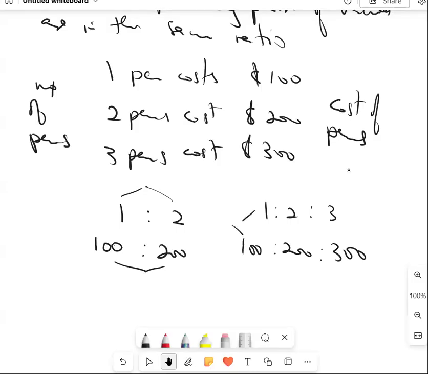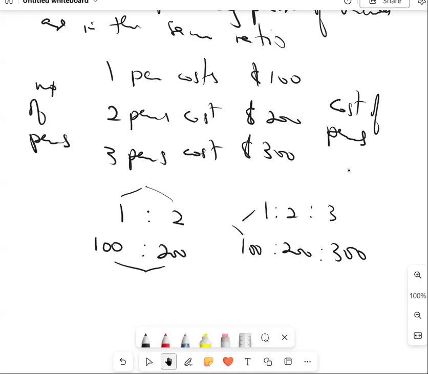It makes sense, right? The number of pens that you buy, the cost of them will be in proportion to how many you buy. You buy 1 pen, it's going to be 100. You buy 2 pens, you're going to have to pay 200. If you buy 3 pens, you'll have to pay 300.